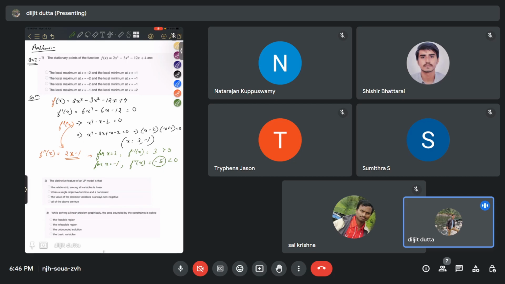If it is greater than 0, it will be a minima at 2, and maxima at minus 1. So the correct option is option 4, a local maxima at x equal to minus 1 and a local minima at x equal to plus 2.